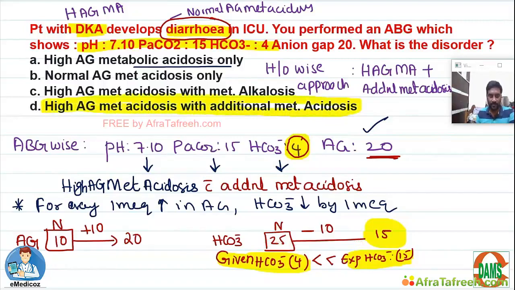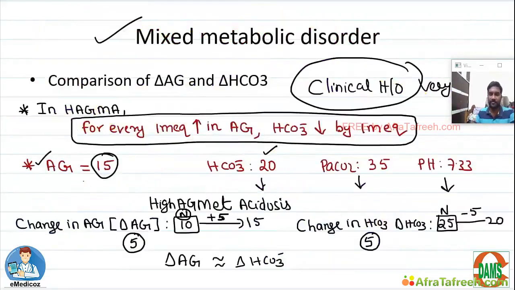Because two metabolic acidoses were present, the pH has become very, very low, 7.10. Usually it is a borderline severe metabolic acidosis. You can see bicarbonate has also decreased to a very low level, that is 4. So this is how we should solve mixed metabolic disorders. We have understood the comparison between delta anion gap and delta HCO3.